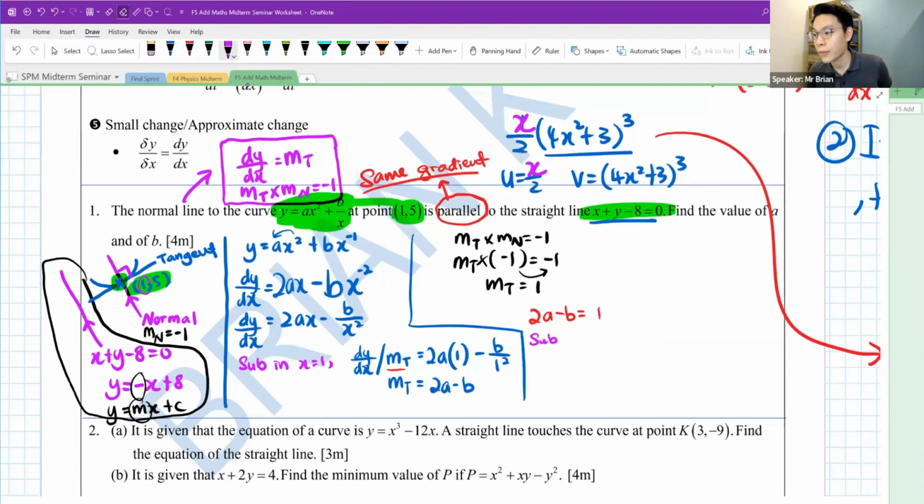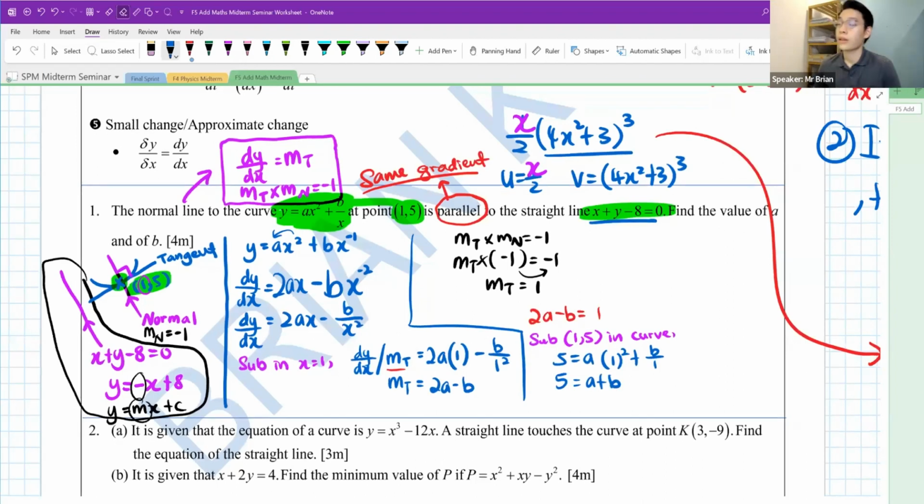So I'm going to sub 1, 5 into the curve equation. We have y equals, y is 5, plus b over x. At this point in Form 5, you all know that MS like to give you these unknowns.